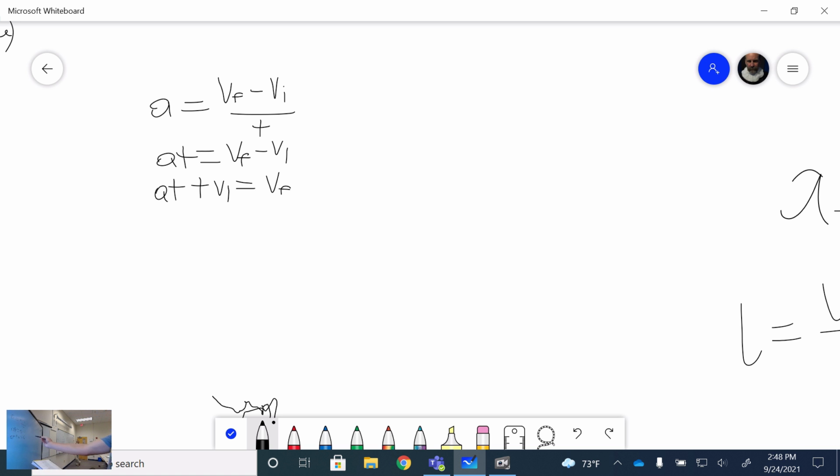And then now that you have VF alone, you can substitute this for VF in a different equation. So I took the one that we just made a second ago without t, and then I did.